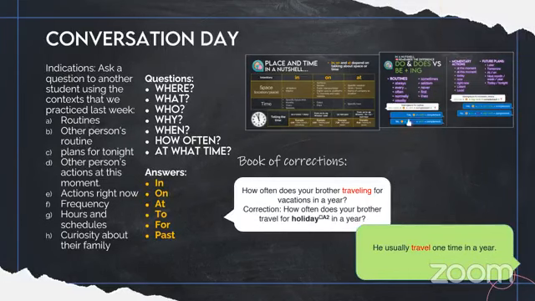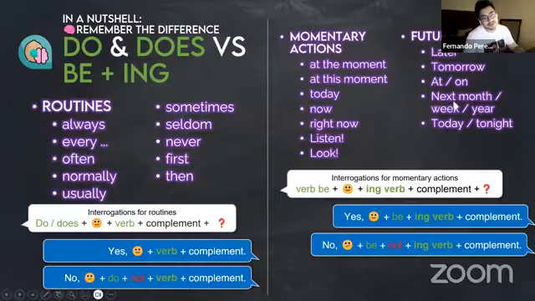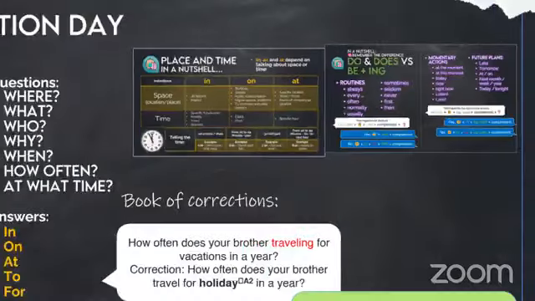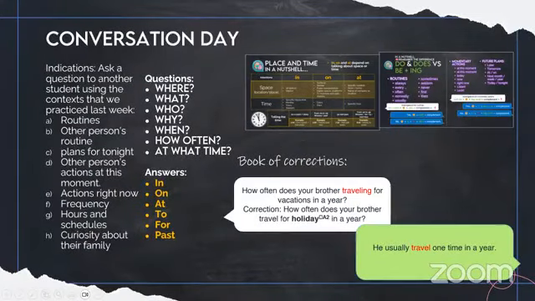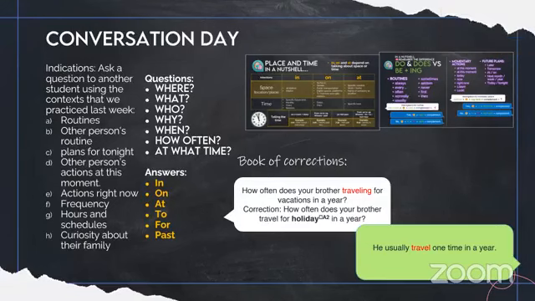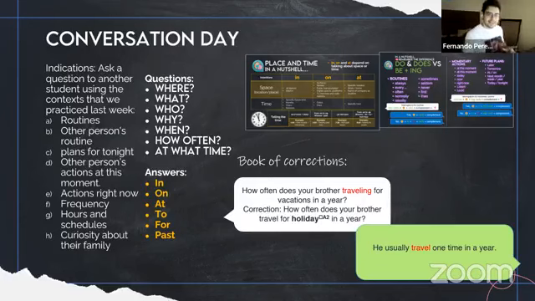I travel, you travel, and he, she, it? Travels. Because we are talking about routines. How often? Every time you respond how often, this is a tip. The question how often, the S is necessary for he, she, it.